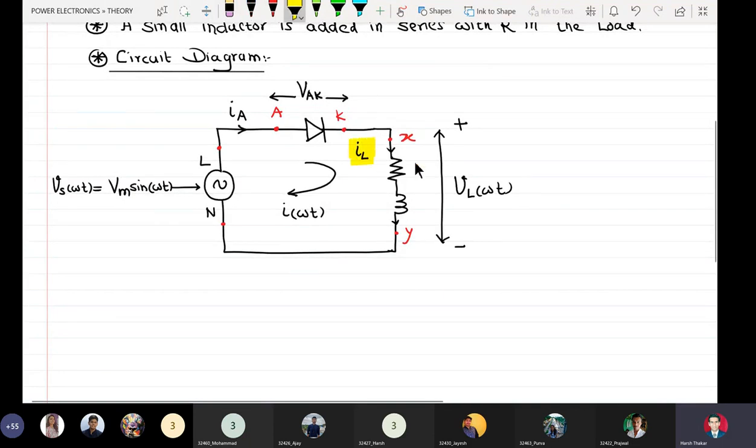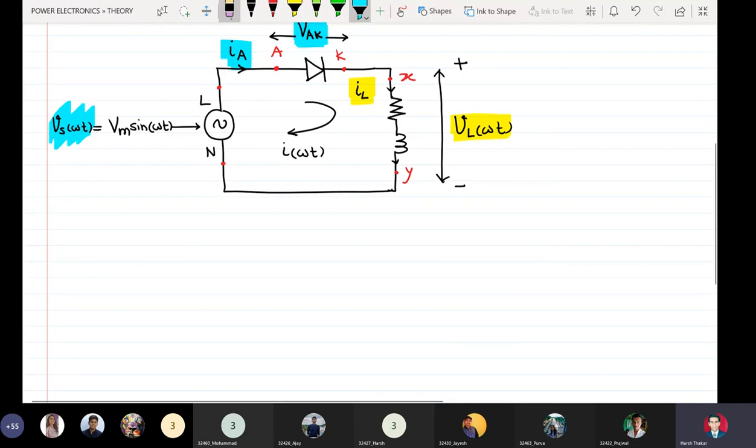So the load current IL, load voltage VL of omega t. The current is also IL of omega t. For simplicity, I am not writing omega t, but it is IL of omega t. And we have the drop across the diode VAK, and we have the source Vs of omega t here, and we have the current IA.